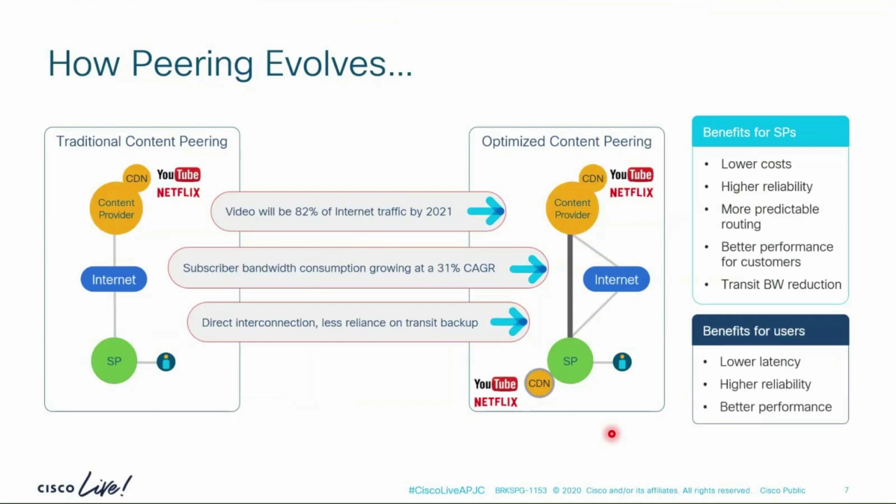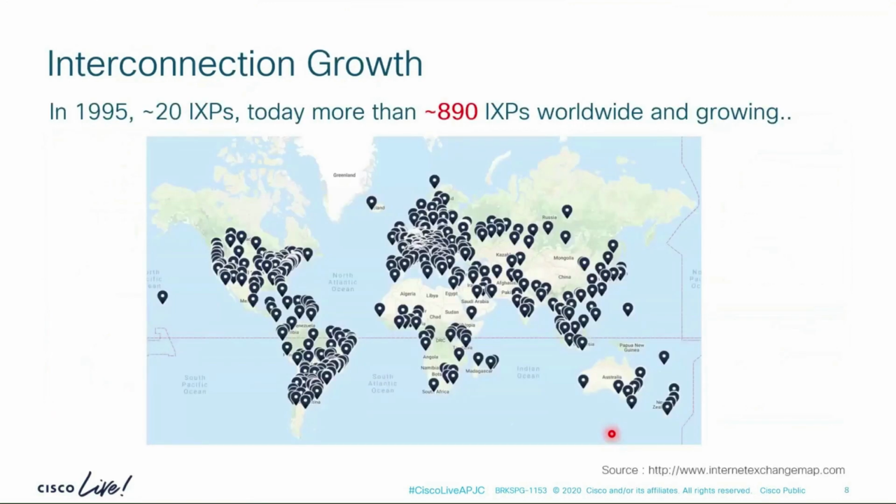According to the Internet Exchange map, in 1995 there were 20 IXPs, but now it has grown nearly 40 times. We currently have almost 890 IXPs worldwide, and it keeps growing.